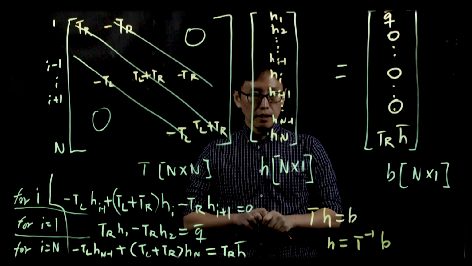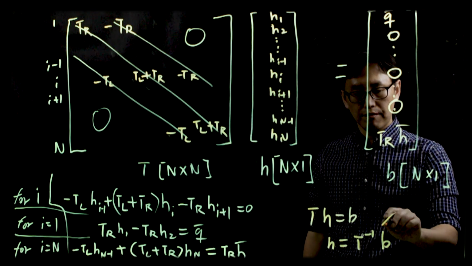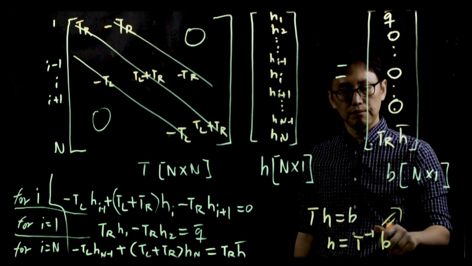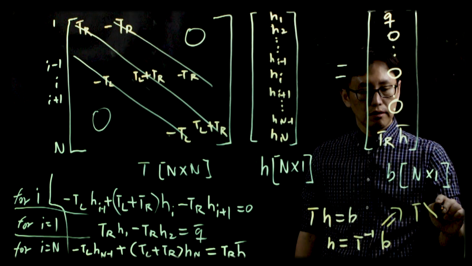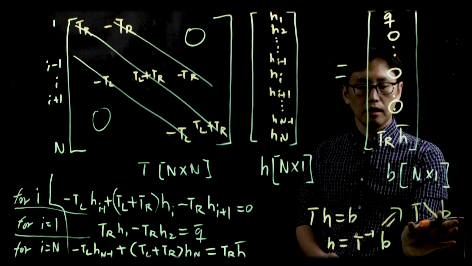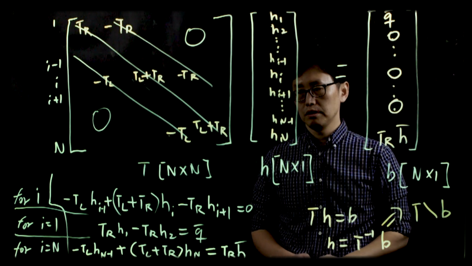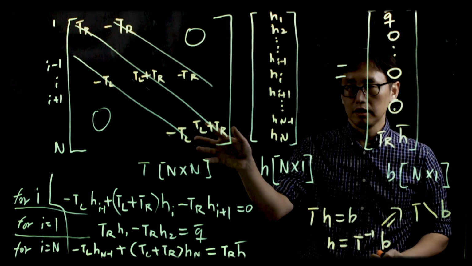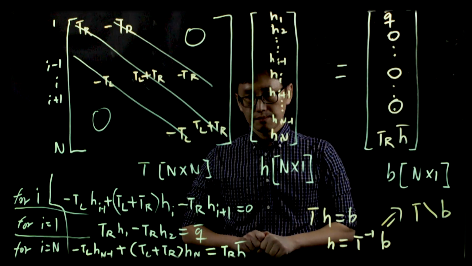So for your information, in MATLAB code, the syntax for this matrix inversion can be done by T backslash B. Then if you compute this expression in MATLAB, you will have the head distribution in this one-dimensional system. Thank you.